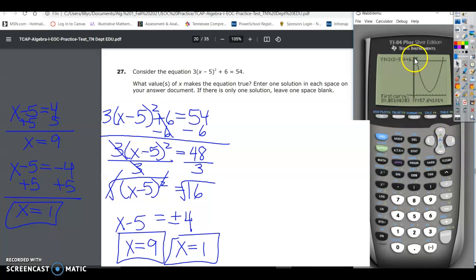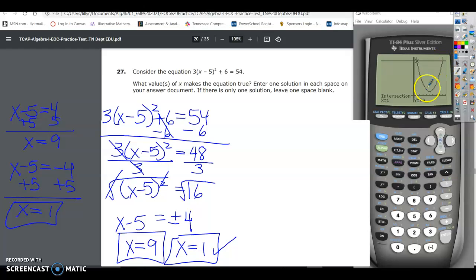You can see the cursor there. It's right before 1, so I'm going to hit enter, then scroll down and hit enter again. It tells me that the intersection is 1 and 54. So that confirms that the 1 is correct.